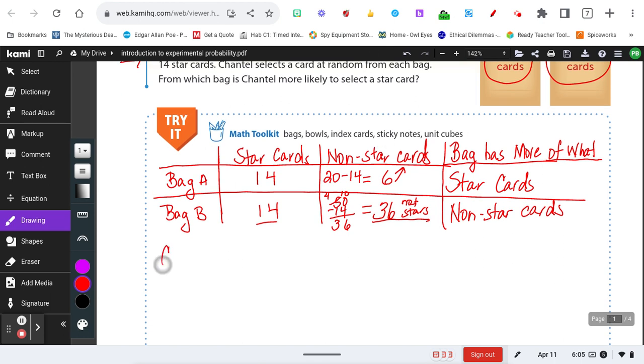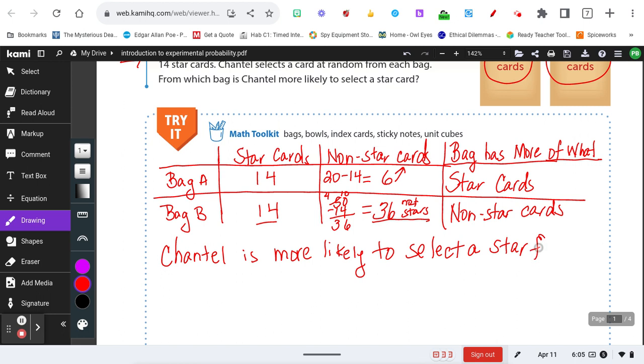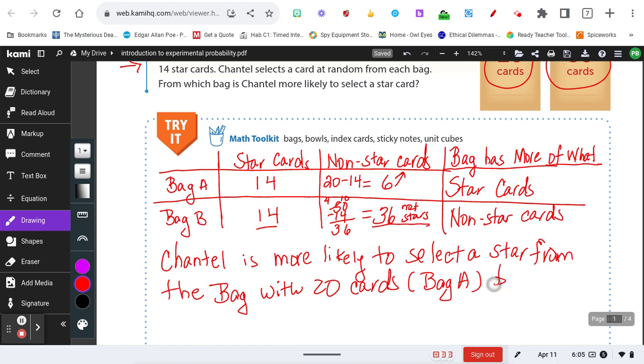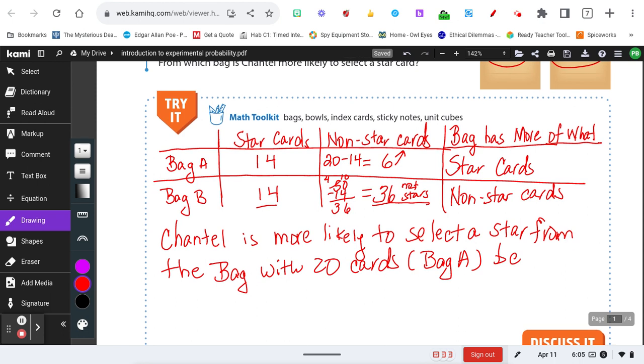So Chantel is more likely to select a star from the bag with 20 cards, which is just bag A, because it has more star cards.